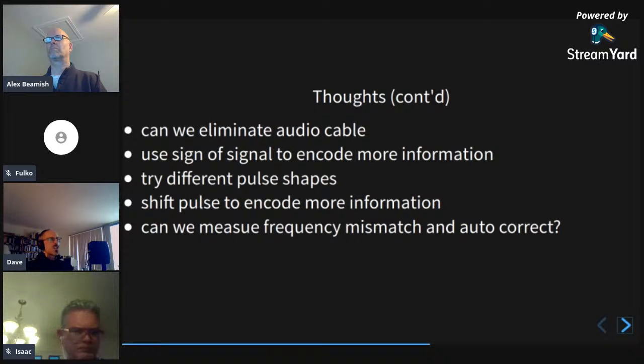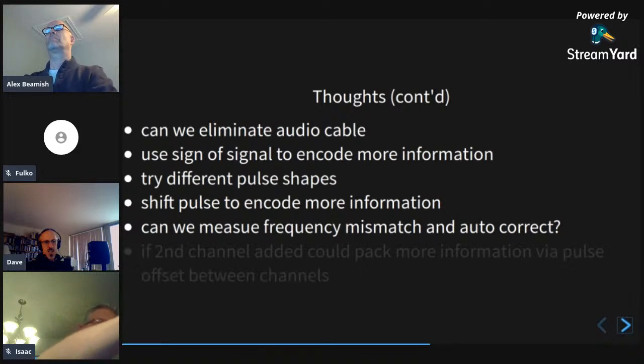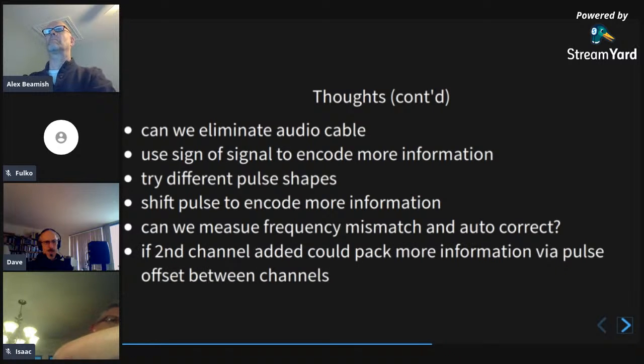If I examine the data, I could probably determine how much things are shifting to see what the frequency mismatch is, and just autocorrect. And if I had 2 channels, I could have 2 pulses and use the offset between them as well, maybe, to get more information.